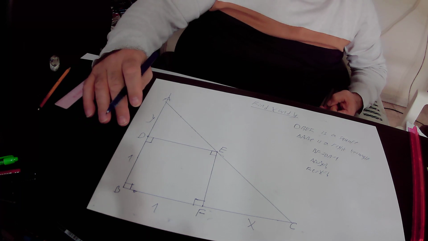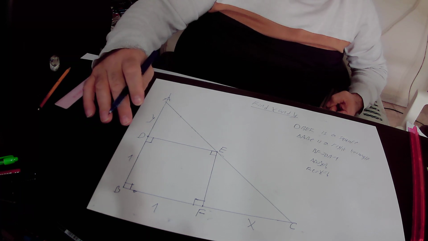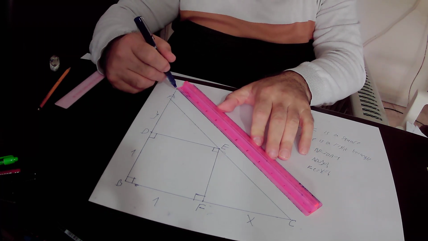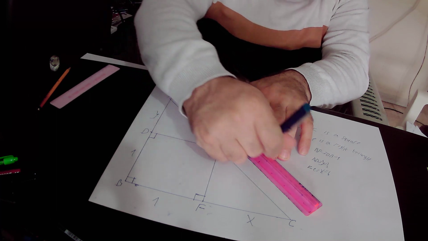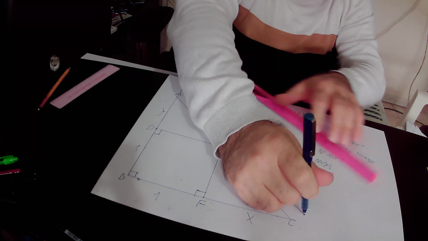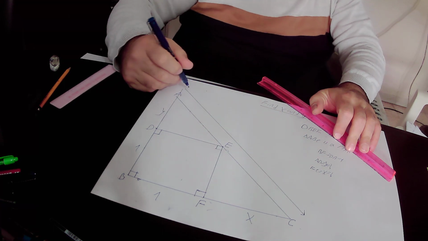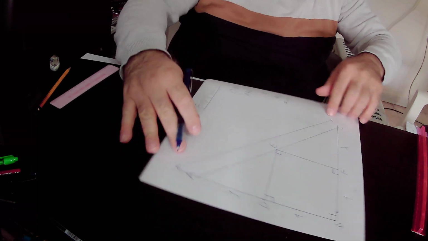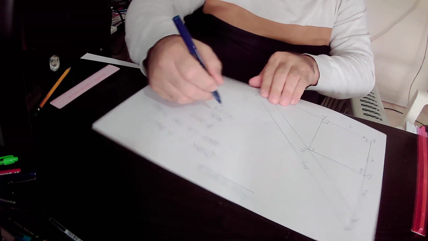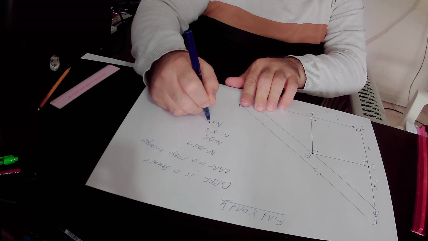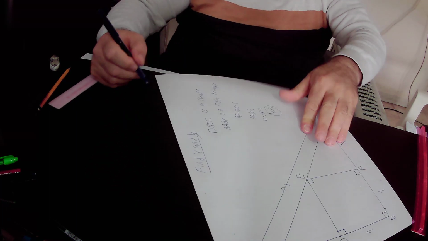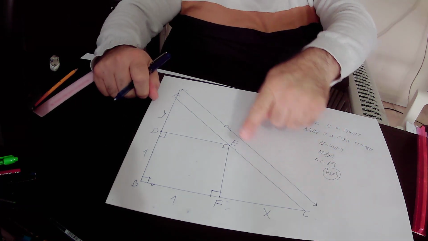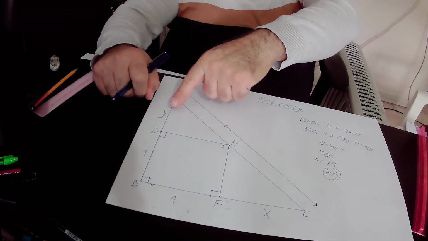The square is inside the right triangle, triangle ABC, and we also know that side AC, the hypotenuse of the right triangle ABC, equals 3 units. And we want to find the value of line segment FC that equals X and the value of line segment AD that equals Y.